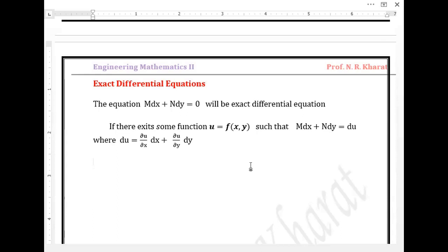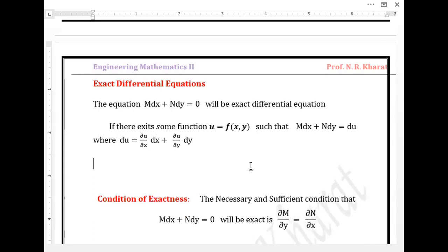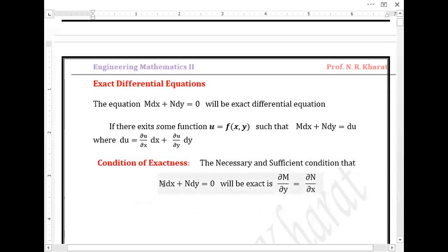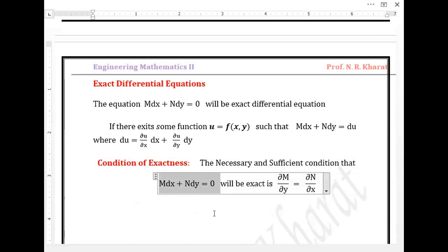There is a simple rule to identify whether the given equation is exact or not. The sufficient condition of exactness is this: if M dx plus N dy equal to 0 is my differential equation, we have to differentiate M with respect to y, and N with respect to x.